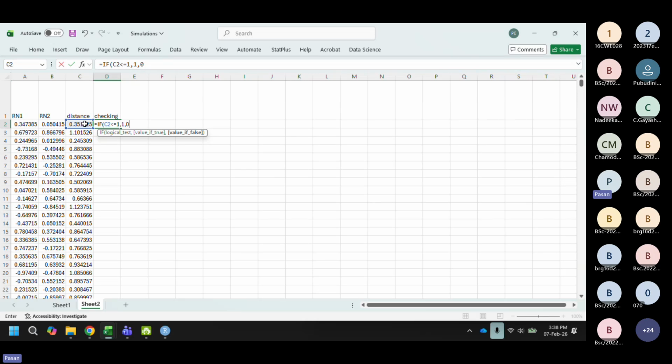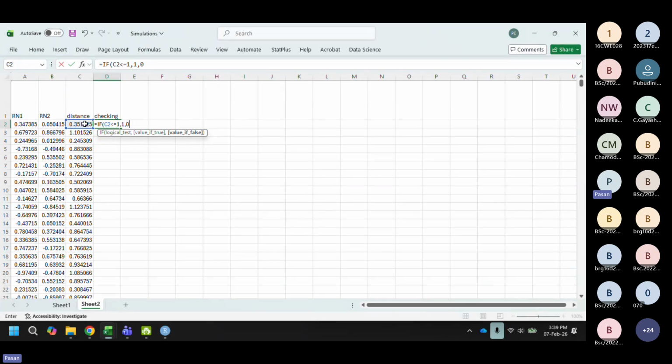So what I'm saying is that if the distance is below 1, then I'm outputting 1 there, and if the distance is above 1, I'm outputting 0, right? I'm using less than or equal, so if it is less than or equal, then I'm outputting 1, and that means it's a correct one.